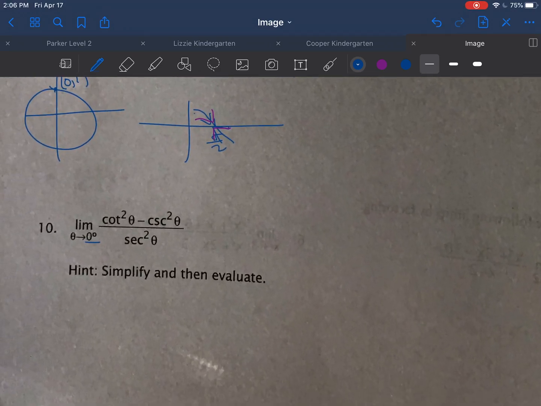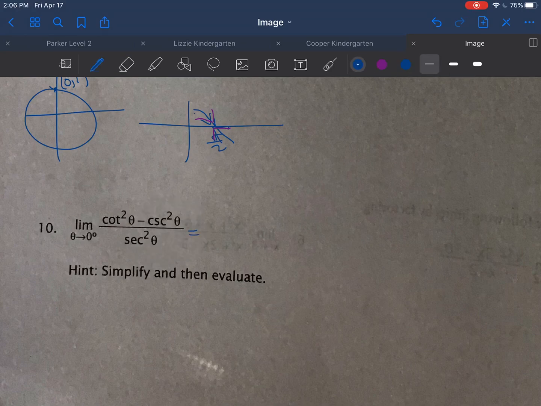Here, if we plug 0 into secant squared, that's 1 over cosine, which then, trust me on this one, you end up with a 0 between all of these sine over cosines, 1 over sine, 1 over cosine. You end up with zeros in your denominator, which you cannot have in your problem at all whatsoever.